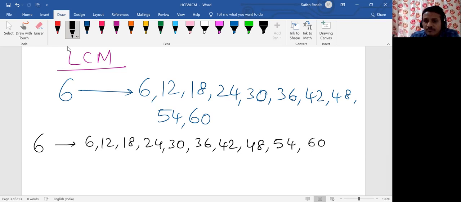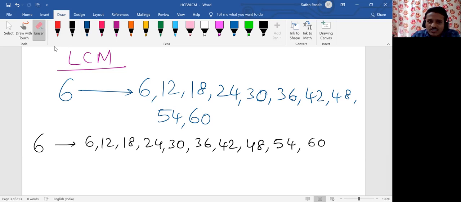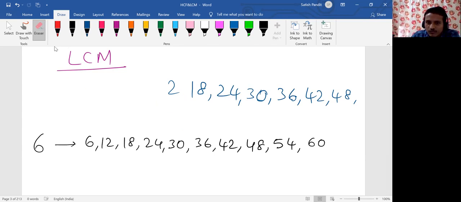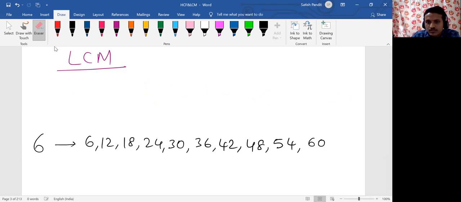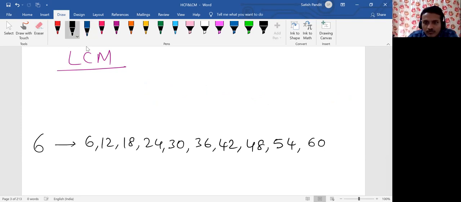Okay, so these are the multiples of 6. Yes or no? I've just written 10 multiples because that is enough. If you want, you can write more, I will add one more extra, 66.